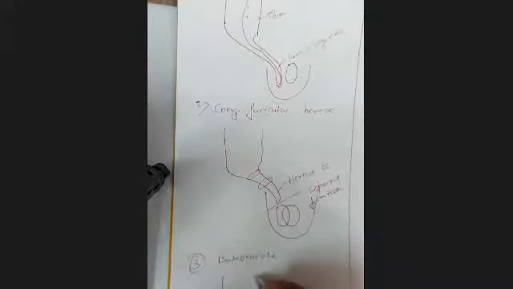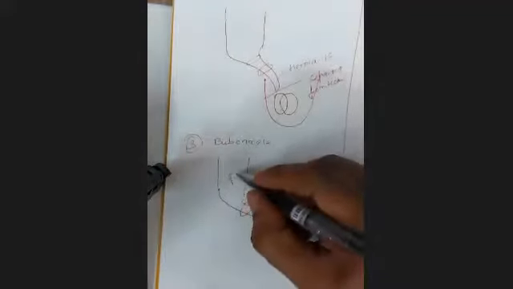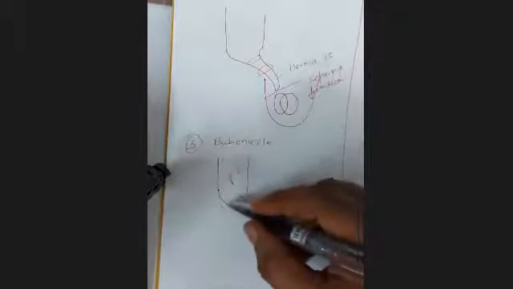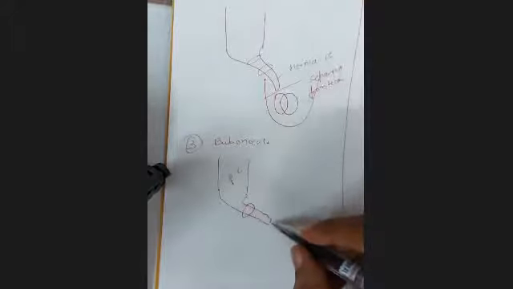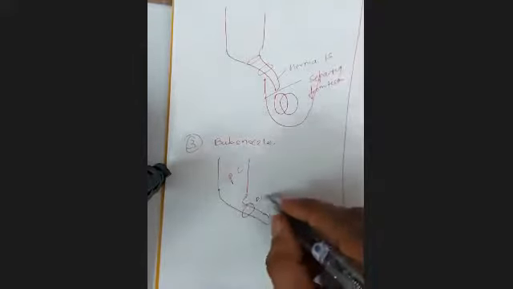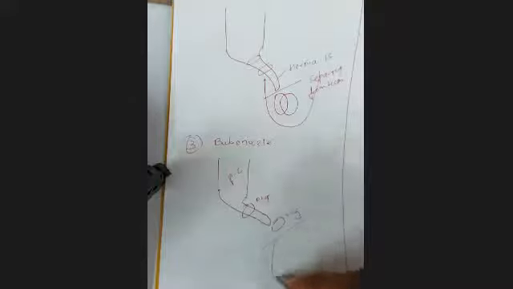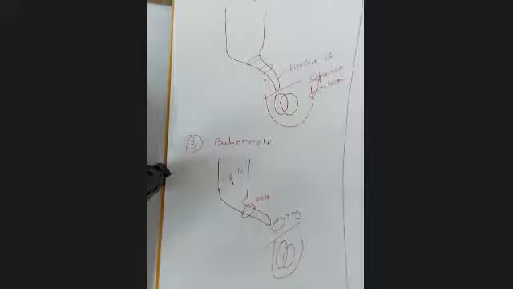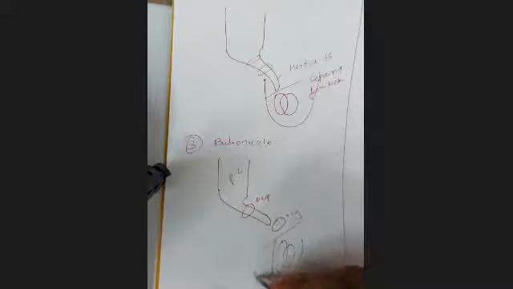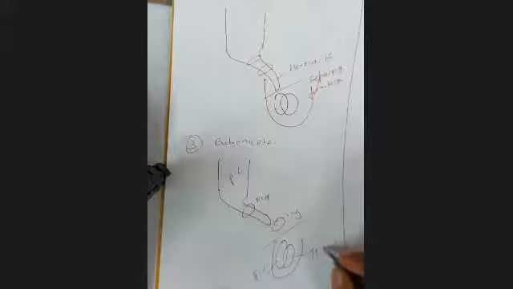This is the peritoneal cavity, this is the processus vaginalis, this is the deep ring, and this is the superficial ring. So this is already cut off from the scrotum, where there is processus vaginalis forming the tunica vaginalis for the testis.